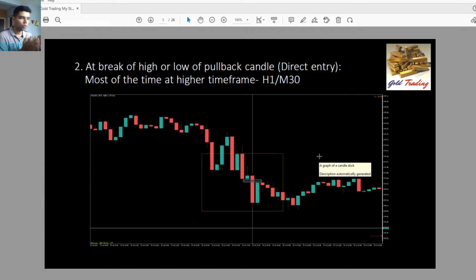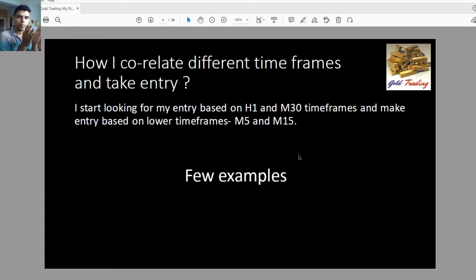So I first look at 1 hour time frame and then 30-minute time frame. In the 1 hour and 30-minute time frame, I start looking whether my setup is going to form or not. So if I see the setup is going to be formed, then I'll go to the lower time frame for my early entry. Okay guys, that means on M5 and M15. Okay guys, so let's see some examples.